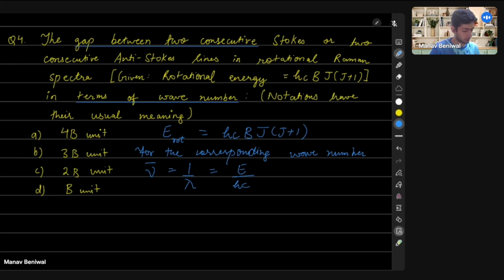So if we plug in the rotational energy, what we get is hcBJ(J plus 1) divided by hc. These terms cancel out, and we get nu bar as BJ(J plus 1).